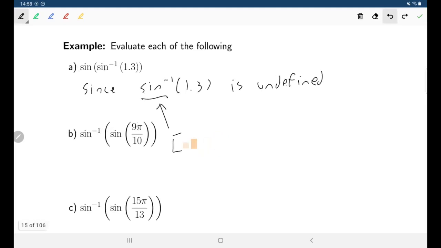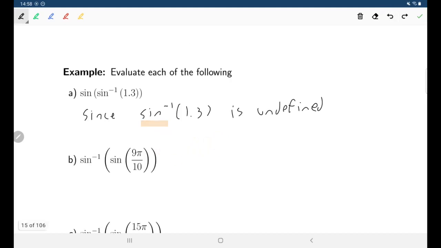So sine inverse of 1.3, that's not inside the domain, so sine inverse of 1.3 is undefined. And if sine inverse of 1.3 is undefined, then anything composed with it is also undefined. So my answer here, sine composed with sine inverse of 1.3, is also undefined.